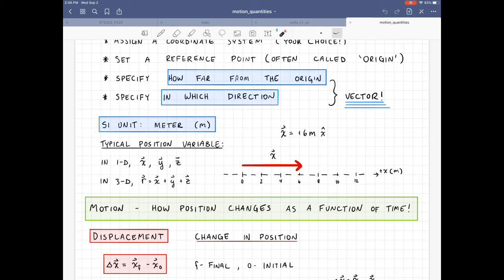And so my position vector, plus 6 meters, that means I need an arrow pointing 6 units to the right. And so that is a position vector. So the position vectors are always from your origin, pointing with length the size of the position, pointing in the direction corresponding to the direction of the position.